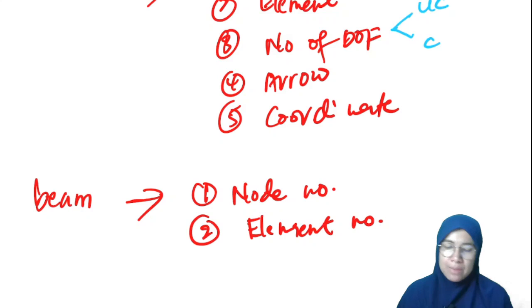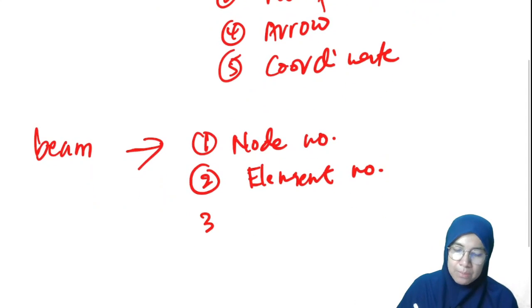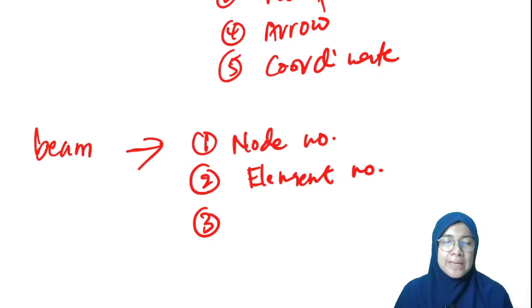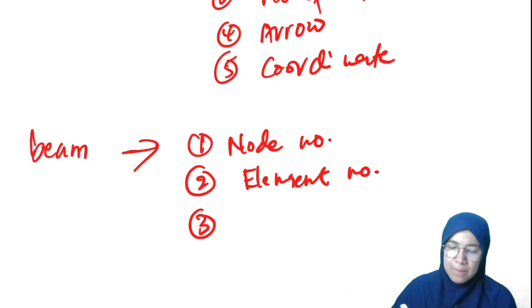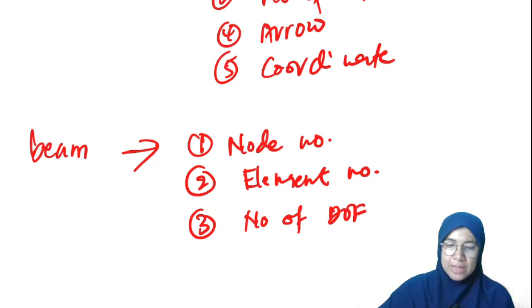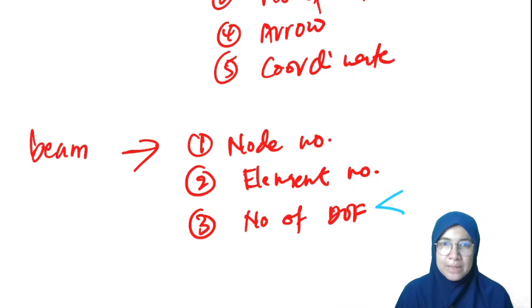And number three, what is most important in each type of structure in stiffness method is the degree of freedom. Again, we need to label the degree of freedom according to unconstrained as well as constrained.